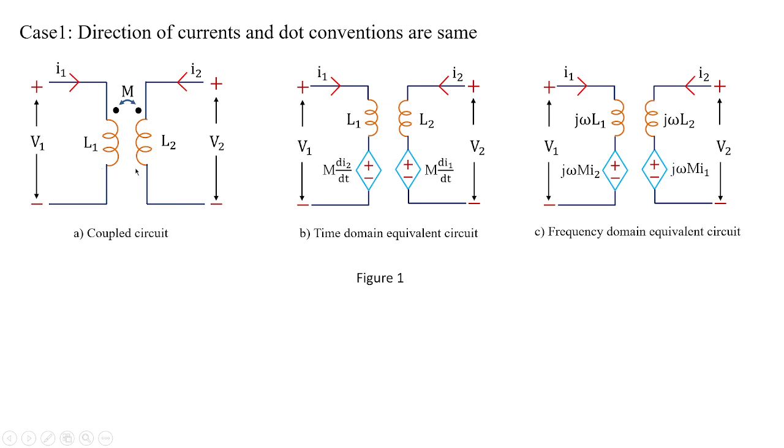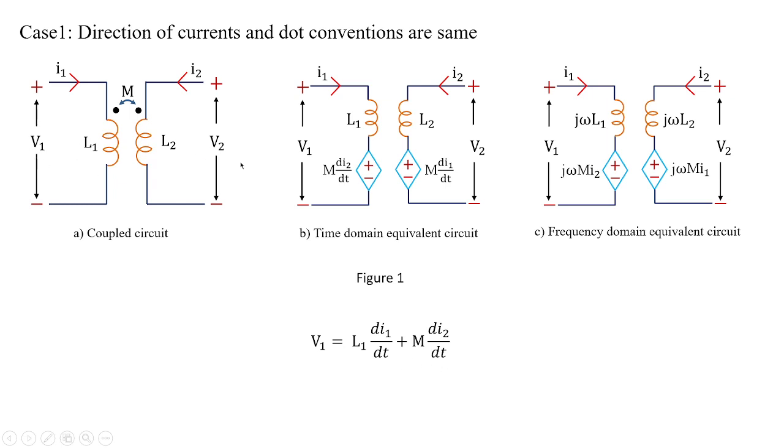So how do we frame the equations for the total voltage supplied in the primary circuit? It is given as V1 equal to L1 di1 by dt, that is the voltage developed in coil 1, plus the voltage shared due to the flow of current in the secondary circuit, which is M di2 by dt. This becomes the total voltage shared in the primary of the coil.